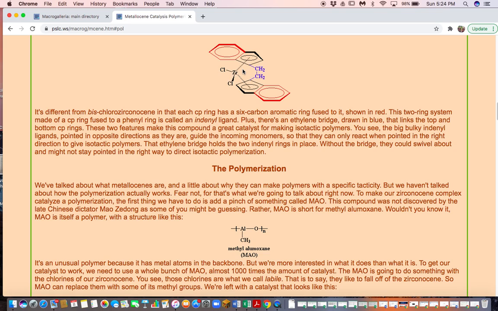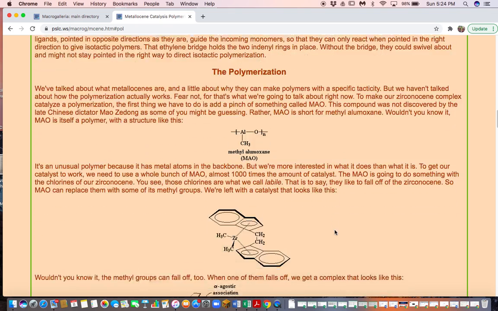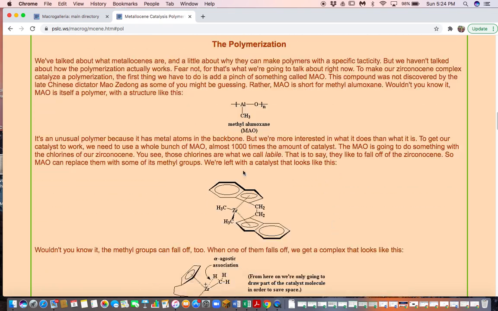You can kind of think of it this way. Cl- in organic chemistry, what was it often used as? Often used as a leaving group, right? Leaving groups are highly labile species, so the Cls tend to fall off. So what happens is when we add MAO, those labile Cls tend to get replaced with CH3 minuses off this backbone, right over here.